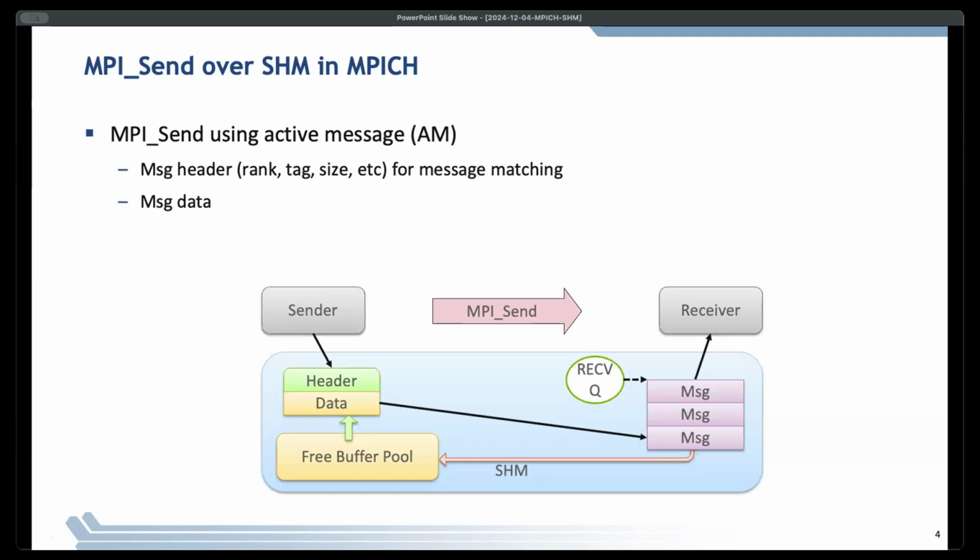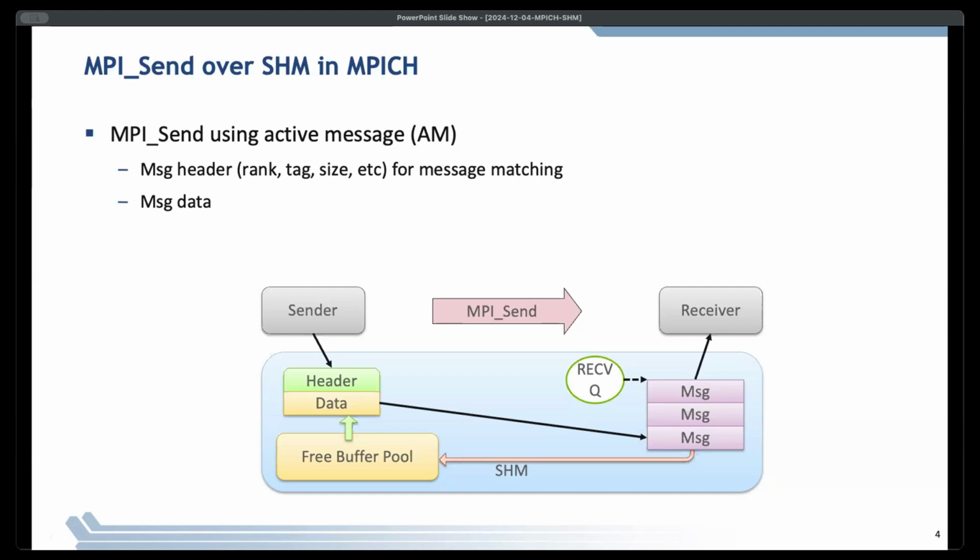A little more detail about how the SHMEM communication in MPIG is done today: for all the processes that share the same compute node, we create one big shared memory across all of them, and each of them has their own allocation of a free buffer.